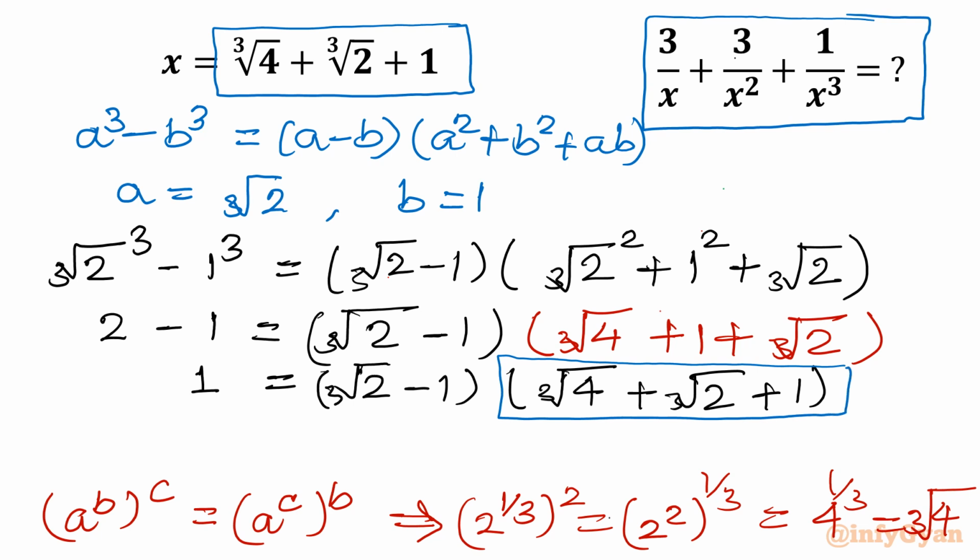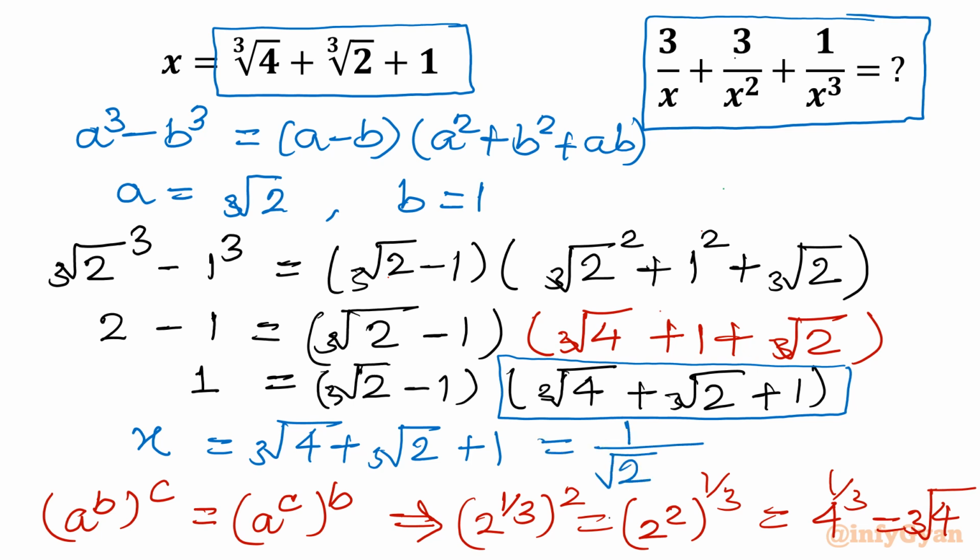So if I will write that value, it would be 1 over cube root of 2 minus 1. So let me write here x equal to cube root of 4 plus cube root of 2 plus 1. This value will be 1 over cube root of 2 minus 1. From this equation, x will be equal to 1 over cube root of 2 minus 1.